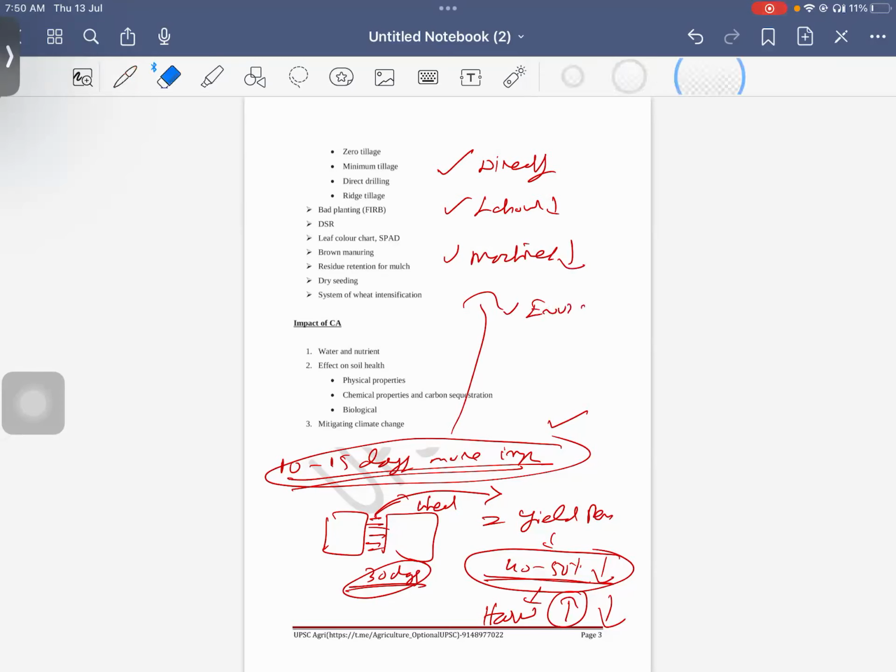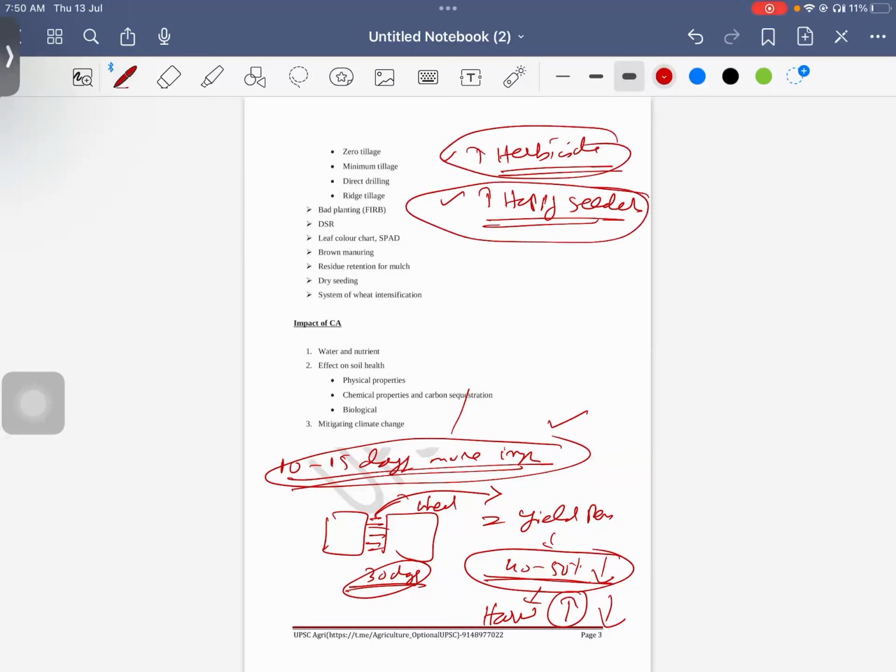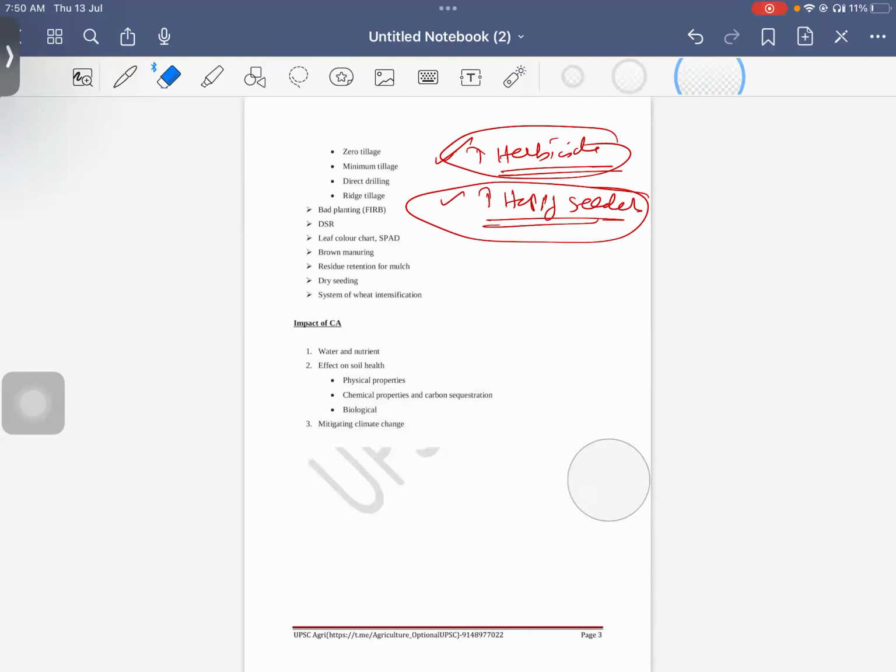The issues in a recap are that you need to use an increased amount of herbicide, and also we should use some equipment. So these issues will also be there. So the best technique, if they ask for a conservation resource efficiency technique, you can say conservation agriculture.